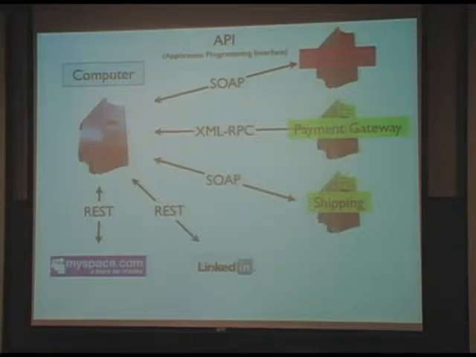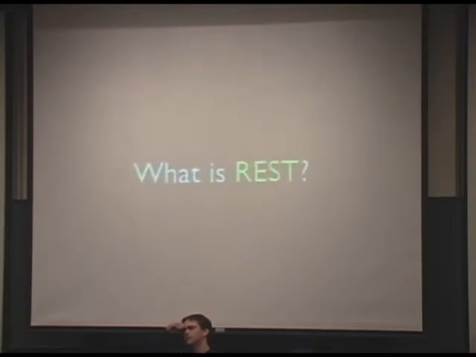So I've got 2 barriers here that are preventing me from creating simple computer-to-computer communication. It's not really standardized enough. It really is not. Unlike the human interface, which is pretty standardized, this just isn't. So let's take a look at REST, and maybe we'll find a solution to this problem.